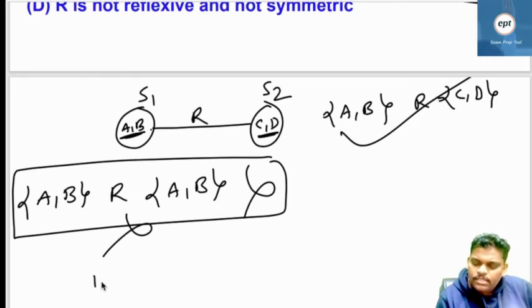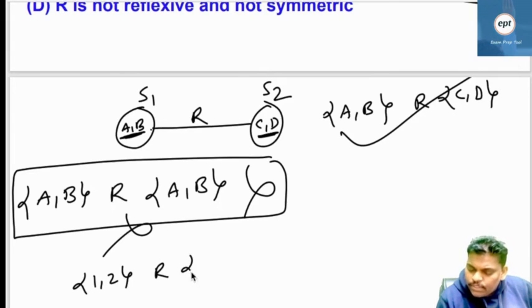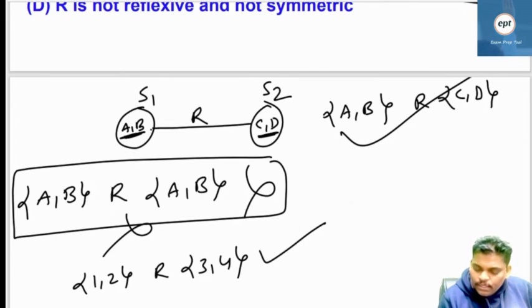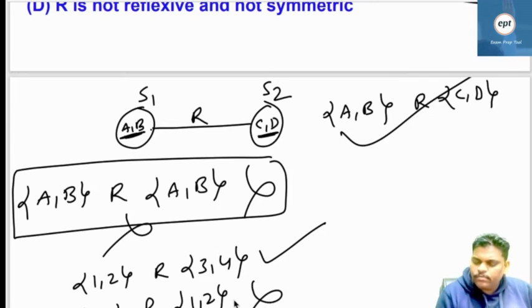Listen everyone now. Set {1, 2} is related to set {3, 4}. Yes, because the intersection is empty. Set {1, 2} related to set {1, 2}? Same thing mapping.